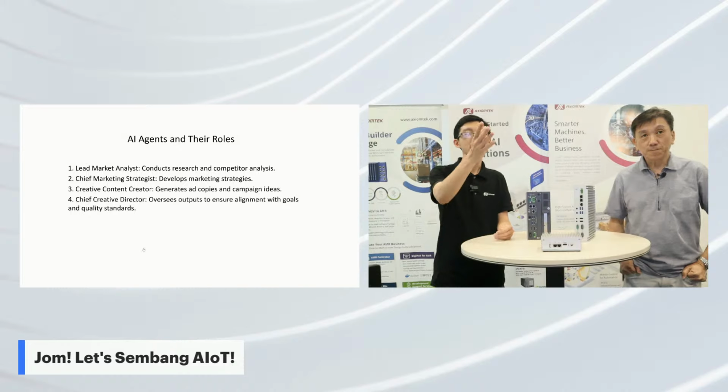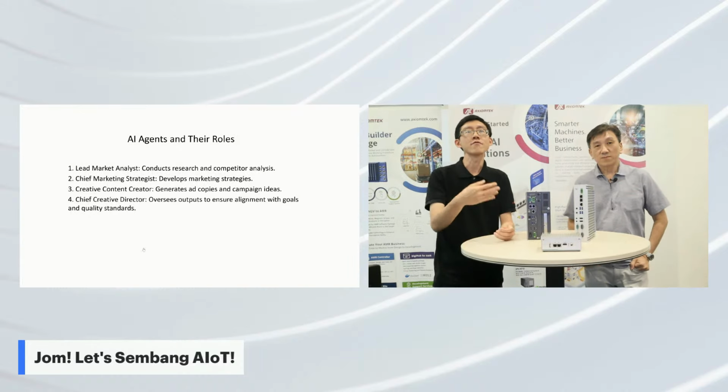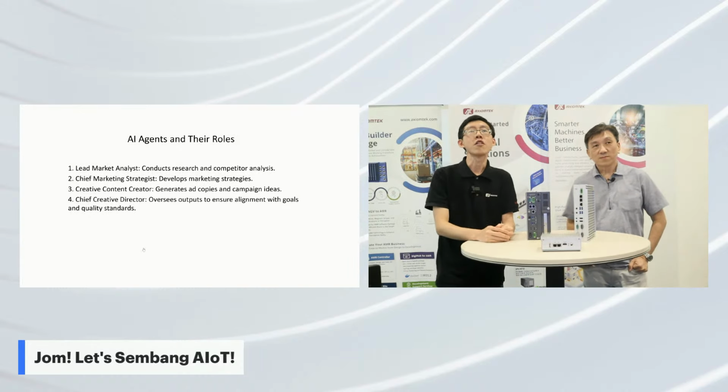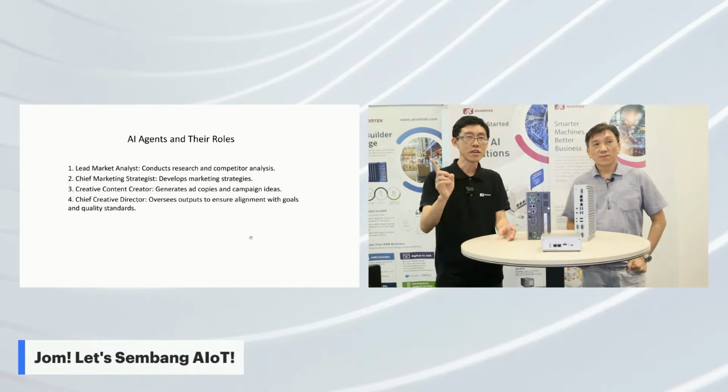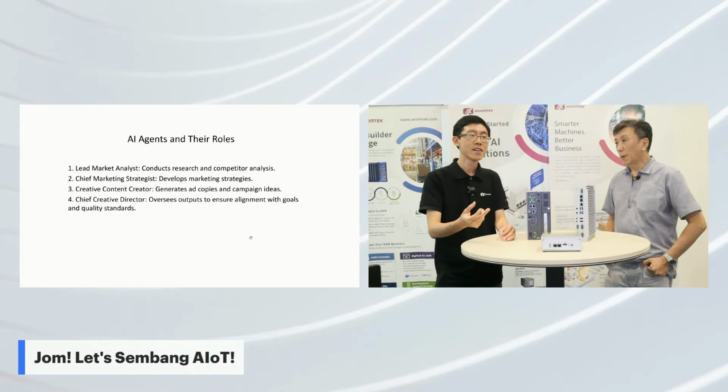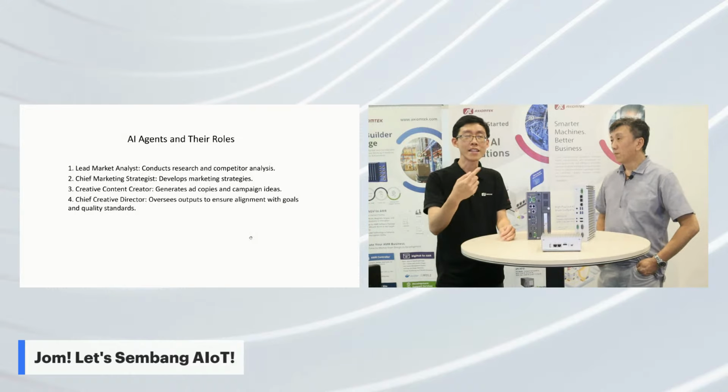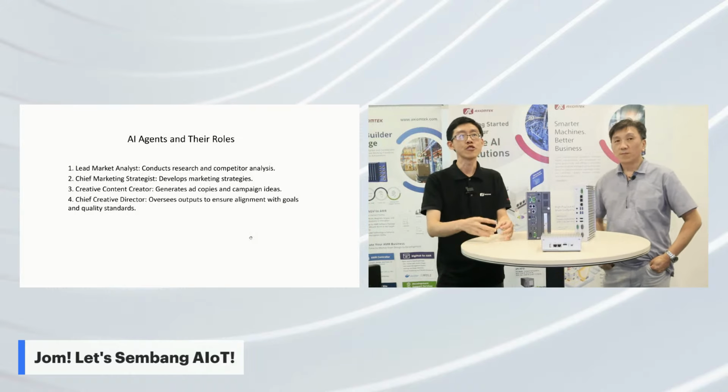For example, in this case, the first one conducts the research and competitor analysis. It has the ability to connect to the internet and do Google searches through the Google API. So you can get online data in real time and then generate the report.